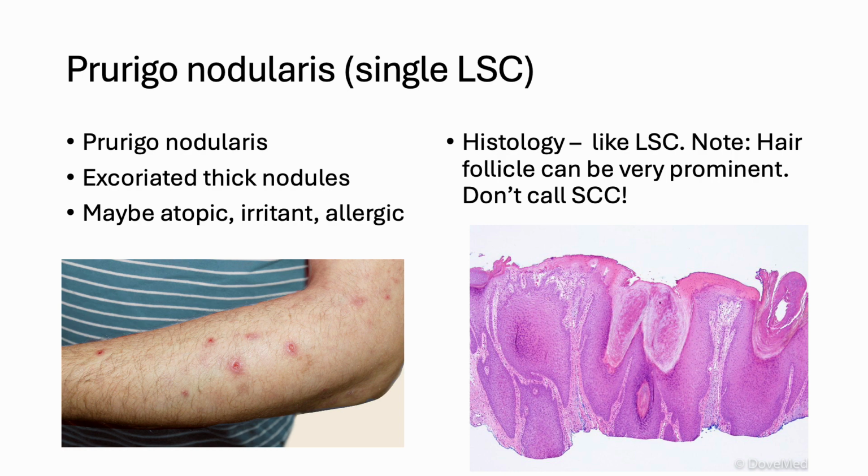Histologically, it looks like a lichen simplex chronicus, but you can see those very fat hair follicles. They can be very prominent, so do not call this one a squamous cell carcinoma. And always remember, the squamous cell carcinoma in your exam is almost always the wrong answer. So single nodule of lichen simplex chronicus is the prurigo nodularis, aka Picker's nodule.